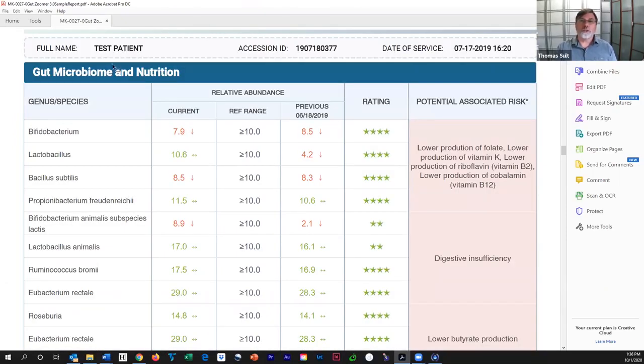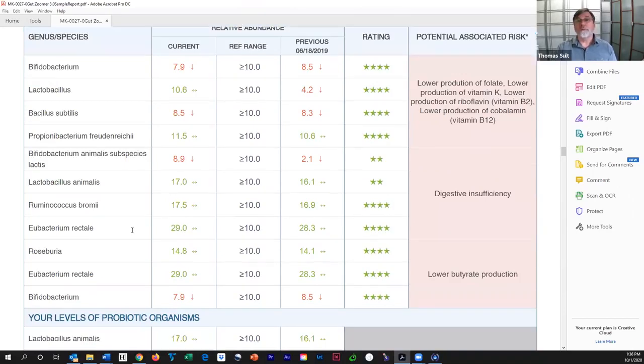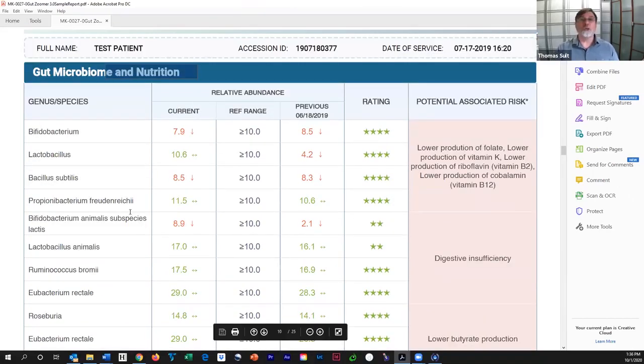All right, nutrition. Here are bugs, and notice there's a lot of bugs here. Now, if these bugs are abnormal, does it mean you are malnourished? No, but it means that you may not be pulling nutrients out of your gut lumen or making nutrients in your gut lumen as efficiently as would be ideal.